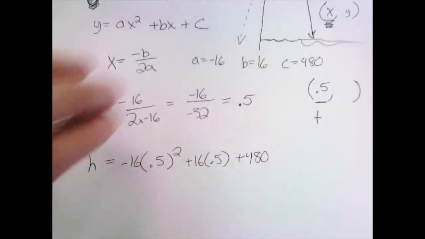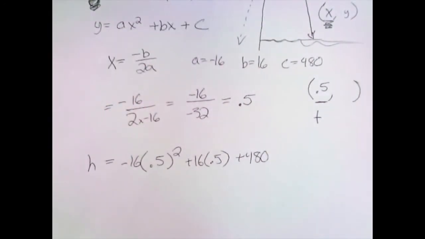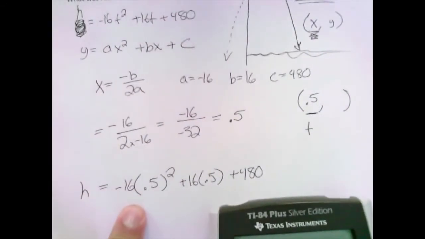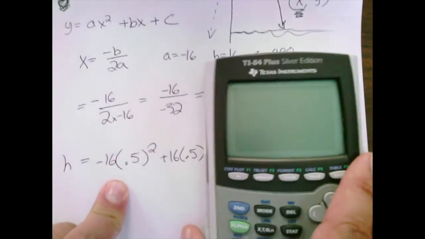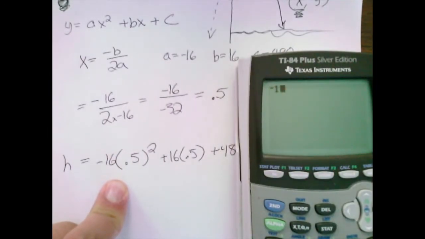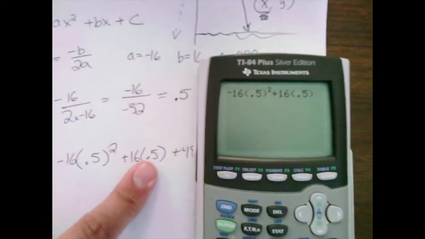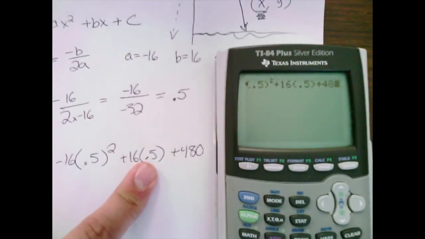After that, we're just off to using our calculator. Pulling up my calculator, I'm going to type in everything you see here, parentheses and all. So I'm going to have negative 16, parentheses 0.5, parentheses squared, plus 16, parentheses 0.5, parentheses, plus 480.